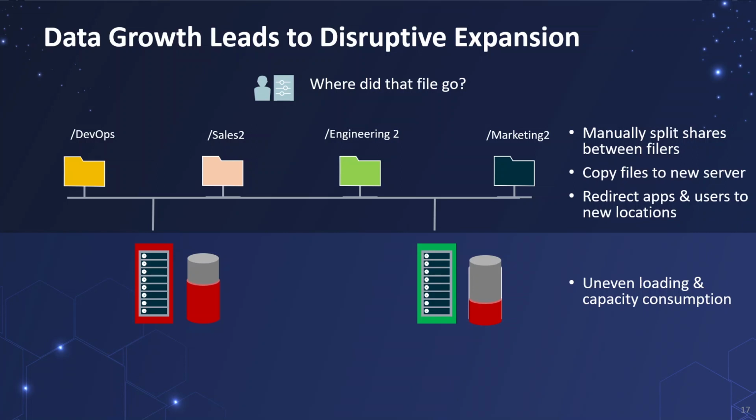You probably need to redirect your applications and users to the new locations. Sometimes data is growing fast and it's difficult for the user to find where the files are. So file organization becomes an issue. And in the backend resources, uneven loading and capacity consumption happen.